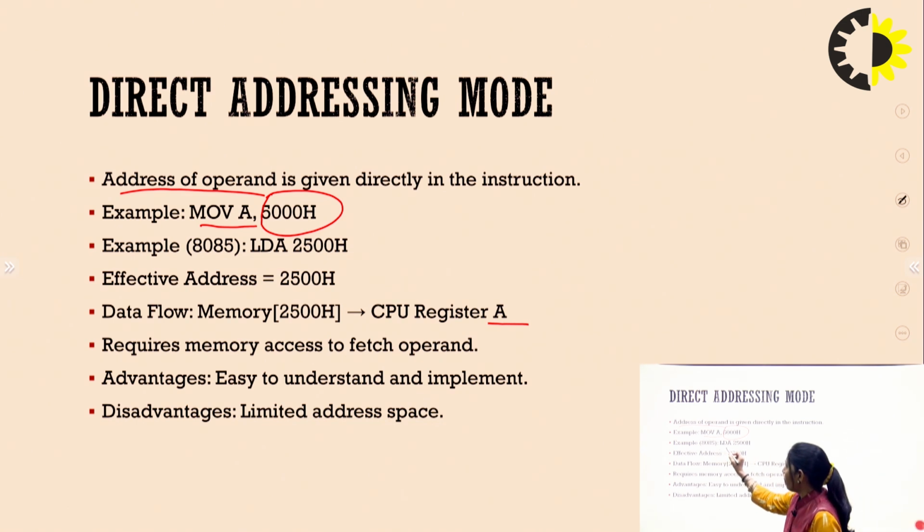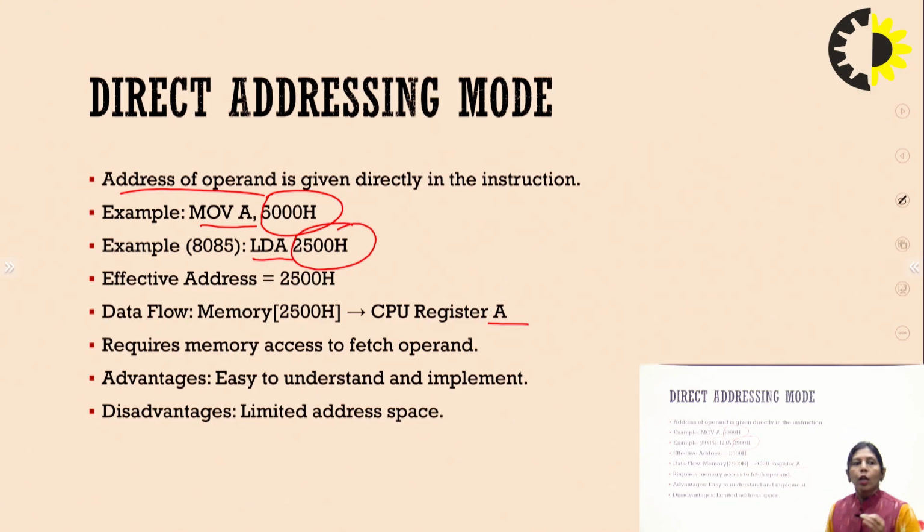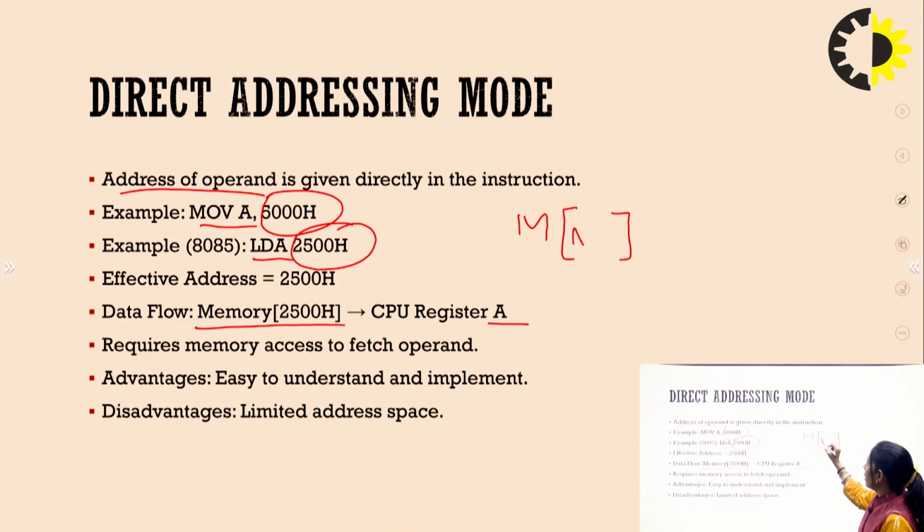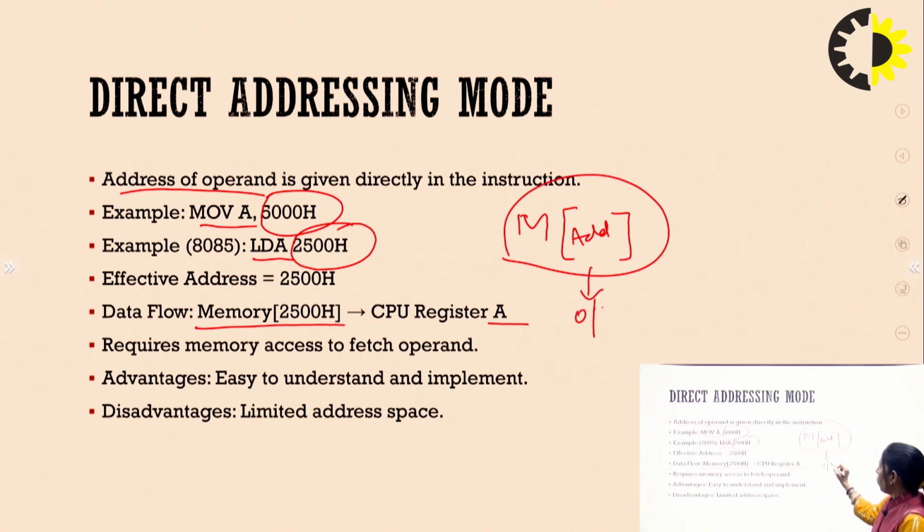Then a second example, loading of the operand from the location 2500H, which is defined in terms of the register transfer language. We always refer to it as M in square brackets, the value of the address. That address has some value, and that operand value will enter inside the accumulator.